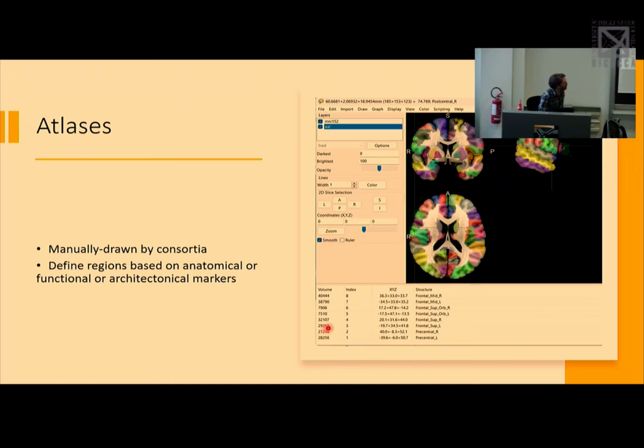So if you open up a standard template, it will tell you, okay, this part here is the frontal cortex, this part is the frontal left cortex, we have the superior orbital cortex near the eyes, and so on. So when you report the results of a study about brains and you say, I'm seeing this in the visual cortex, there are consortia that helped you in identifying where the visual cortex is. Now, this is a pretty old school approach.